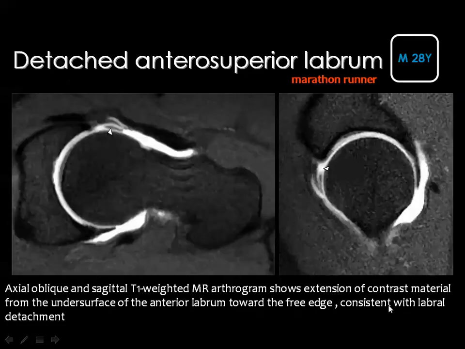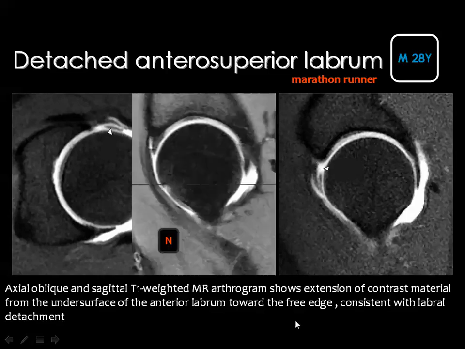And here is a detached anterosuperior labrum. You see there is no more attachment of the labrum to the acetabulum compared to the posterior one, which is intact, and you have some contrast material running through the substance of the labrum and also at the base of the labrum, denoting labral detachment.